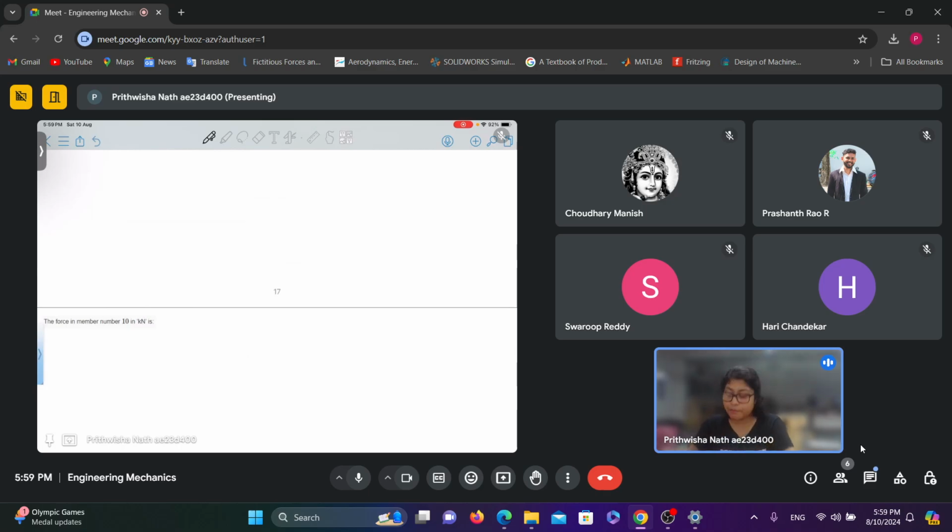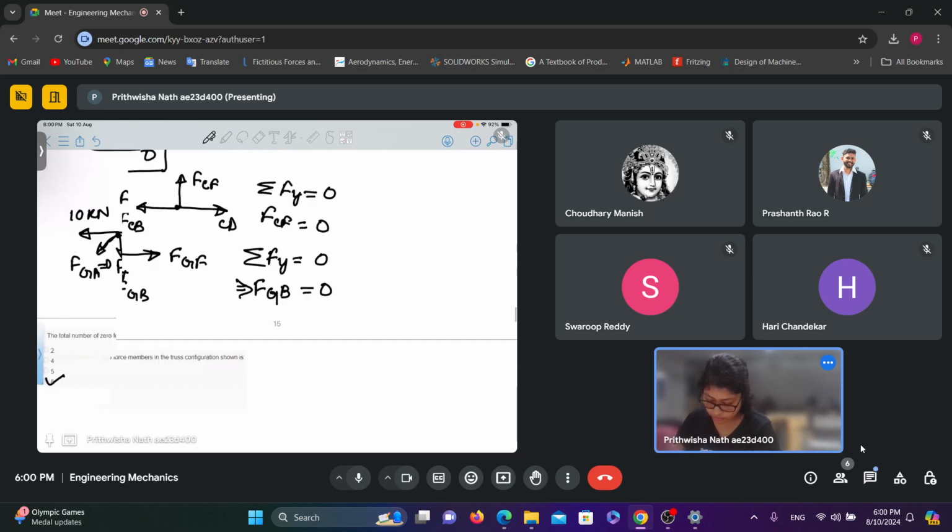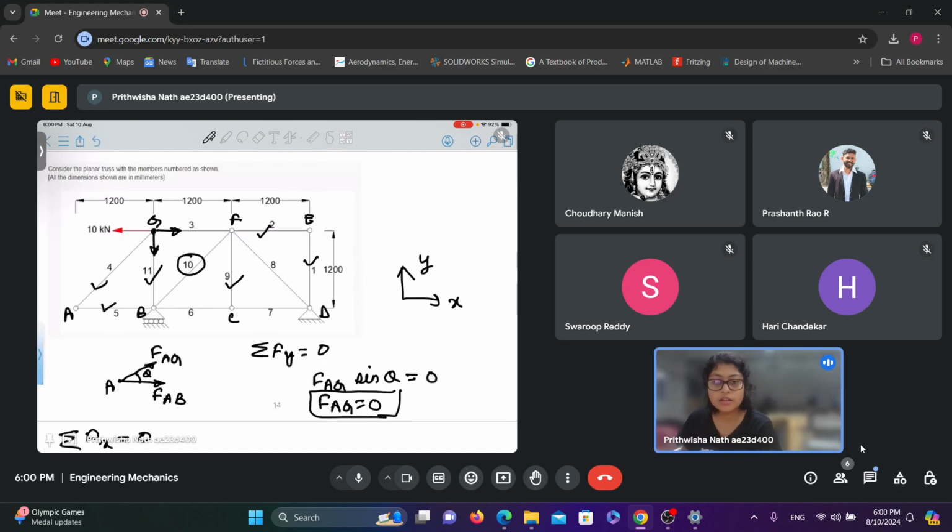Now first I need to compute the reaction forces for the truss, right? The unknown forces which act. Now R dy plus R dy equals 0. Look at this figure.